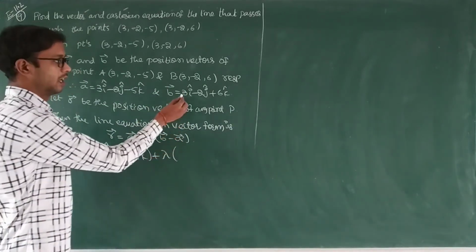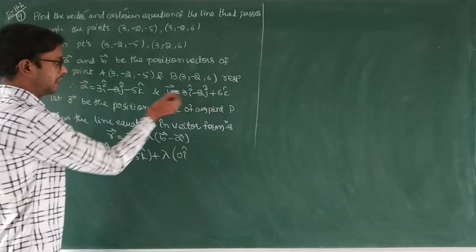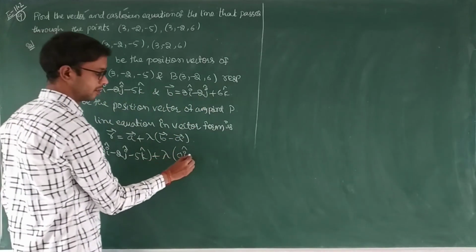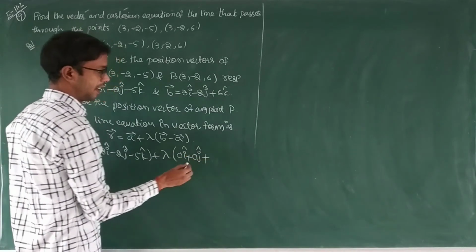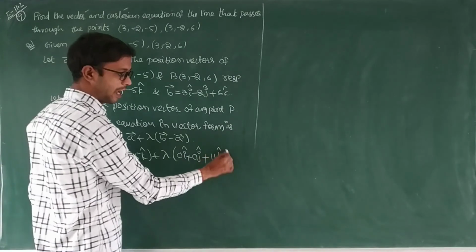Directly I am writing here: 3 minus 3, 0 i cap, minus 2 minus of minus 2, plus 0 j cap, plus 6 minus of minus 5, plus 11 k cap.